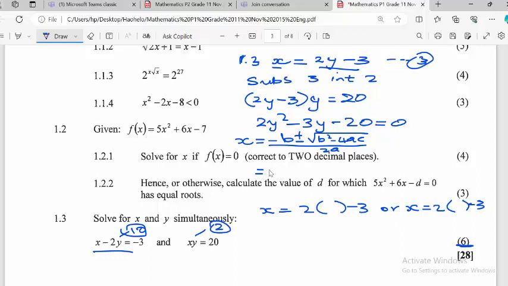Here, instead of using x, we'll use y. You can still do the quadratic formula, but just call this y. So y equals, you'll get 2 answers as well.